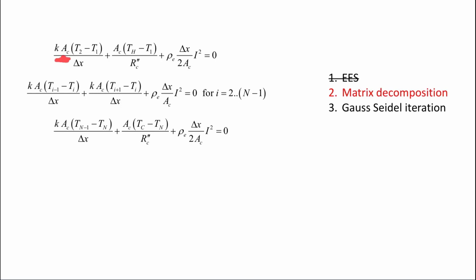AC may be changing in some problems, but we're evaluating it at a position, which means it's constant at that position. T2, T1, these are all just multiplied by things that are constant here. And then over here, we have a term that's not a function of temperature at all. It's just a constant itself, for this particular node.